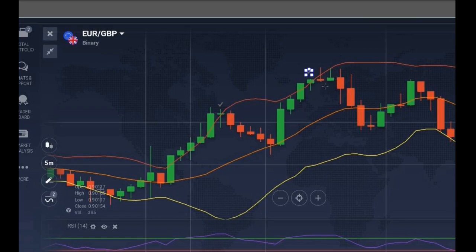I always mix up the hammer and the shooting star. They are very much alike, so bear with me if I interchange them. I hope you guys understand. This is not the hammer. When you see this kind of formation, it's called a shooting star. The shooting star is an inverted form of the hammer.